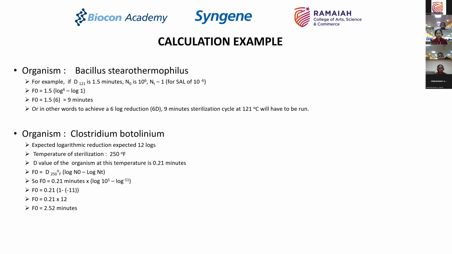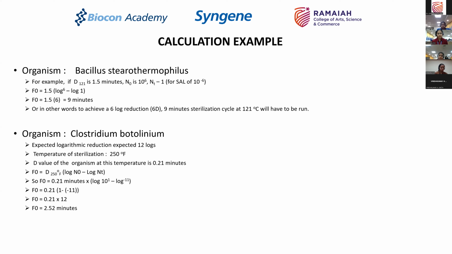The residence time for it to stay inside the autoclave before it gets unloaded is determined by the F0 value. If you don't have this data with you, you won't be able to determine the right time of exposure at that temperature, and therefore you will not be able to achieve the right kind of reduction. You could have contaminated food at the end of the day.